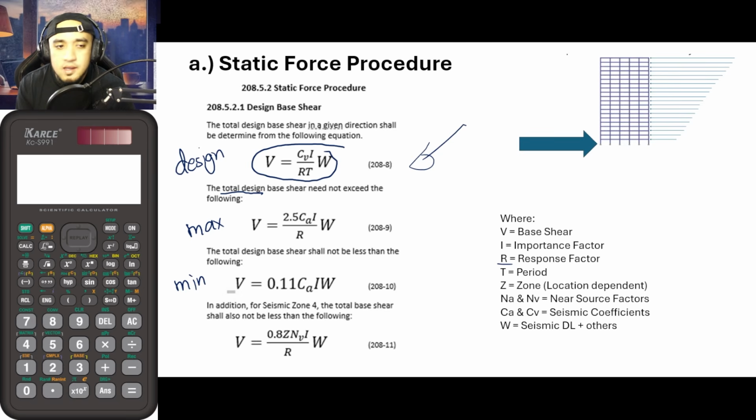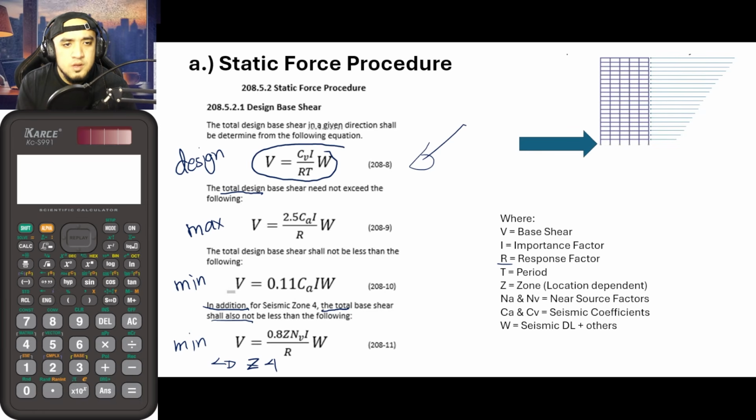And it is indicated here that in addition for seismic zone 4, the total base shear shall also not be less than the following. So this is another minimum, but this equation here must only be used if the building is located in zone 4. Okay?